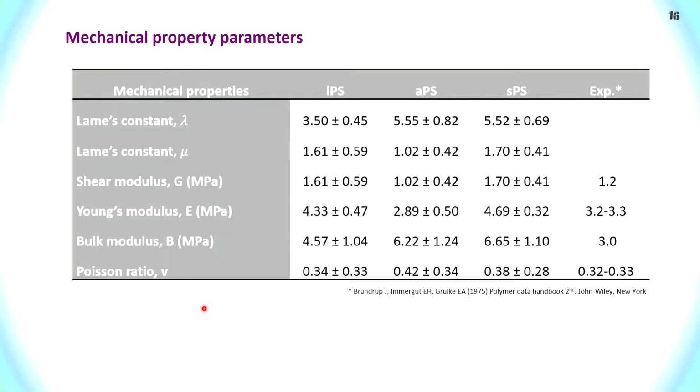For the results of mechanical property parameters, the calculated parameters of each polystyrene with different tacticity are quite different, but when comparing the atactic polystyrene with the experimental result, they are close together.